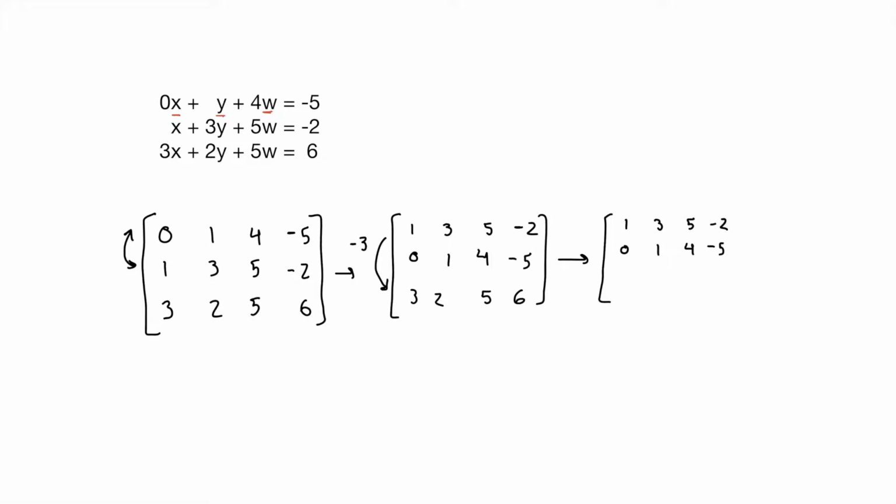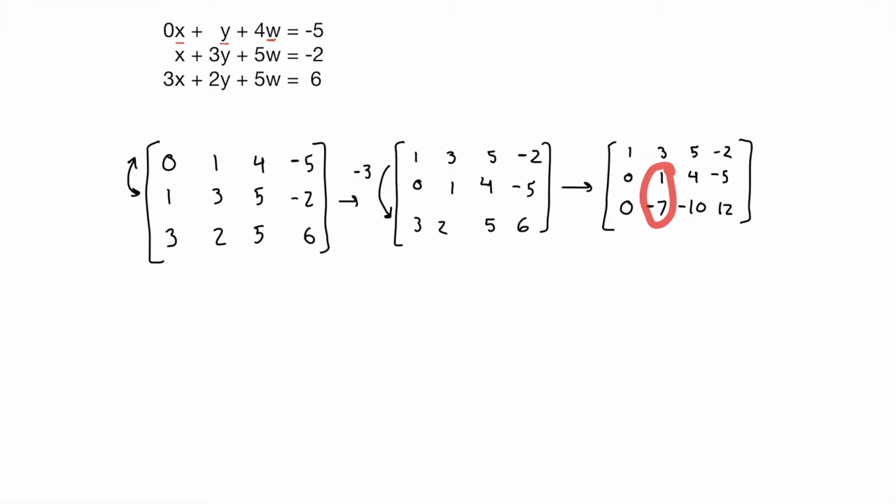But our last row becomes 1 times negative 3 is negative 3 plus 3 is 0. Negative 3 times 3 is negative 9 plus 2 is negative 7. Then negative 3 times 5 is negative 15 plus 5 is negative 10. Negative 3 times negative 2 is 6 plus 6 is 12.